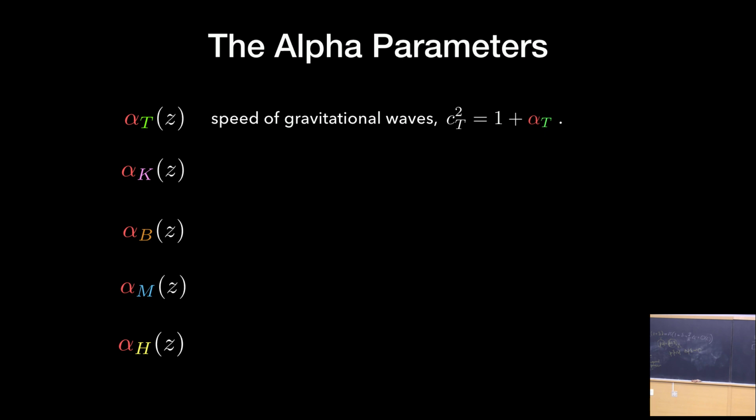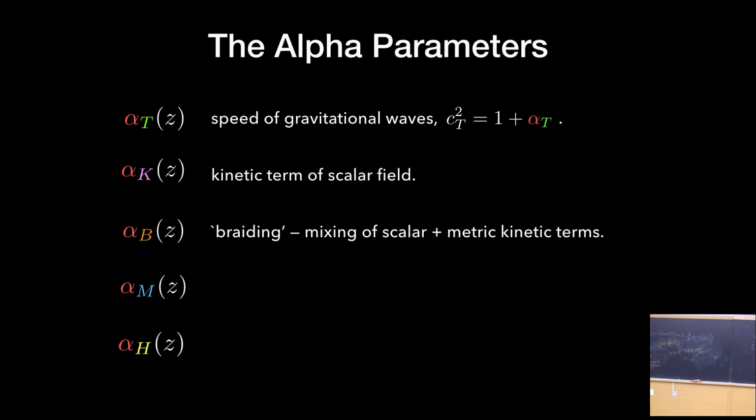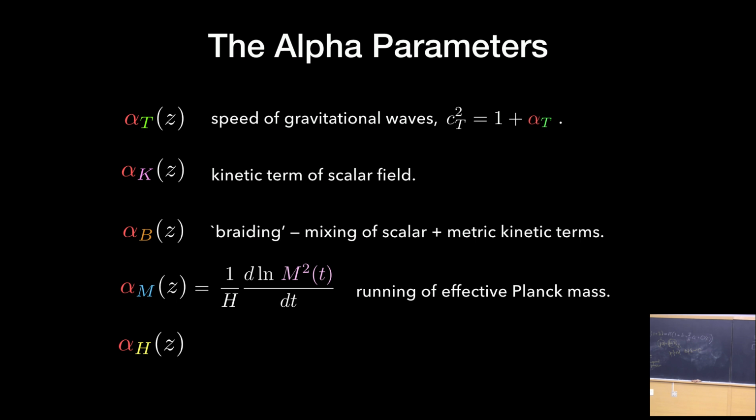Alpha K is the kineticity parameter. It tells you whether your scalar field has a standard kinetic term or some very funky, exotic kinetic term. Alpha B is the braiding parameter. It tells you about the interaction of your scalar field and your metric. Alpha M is a really important one.